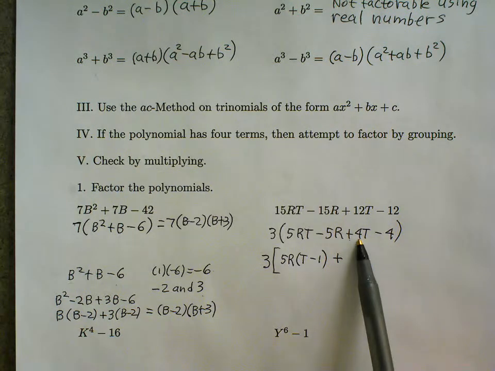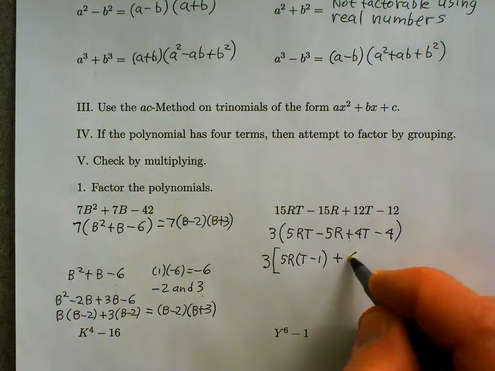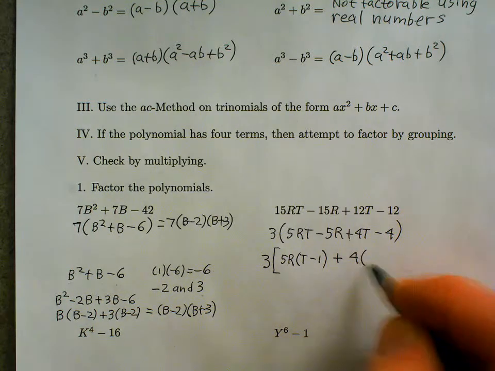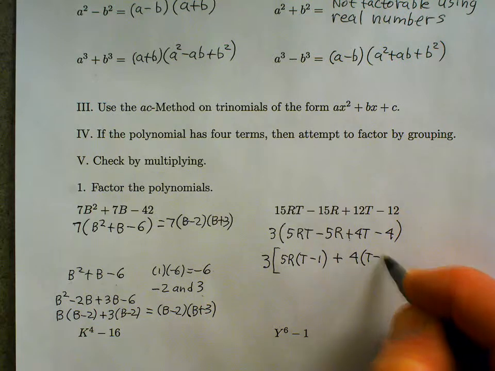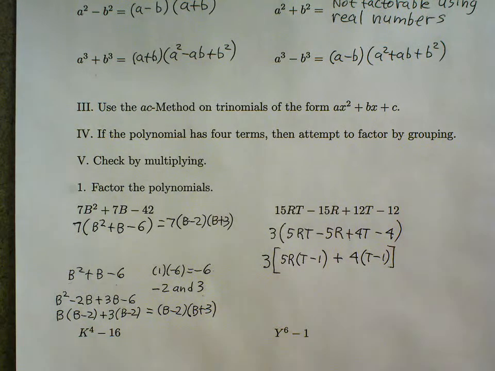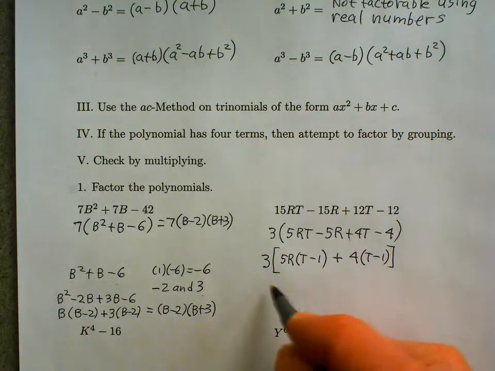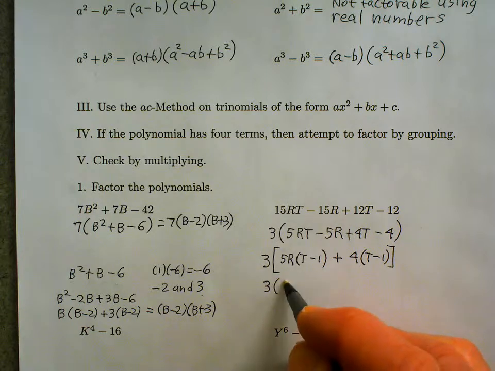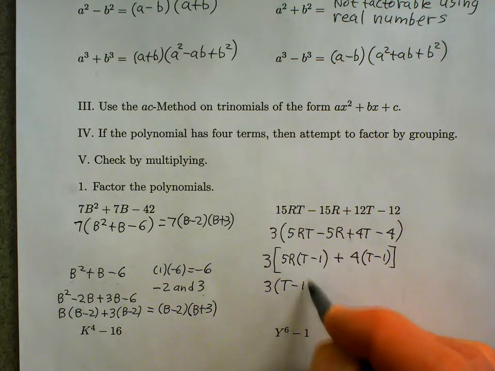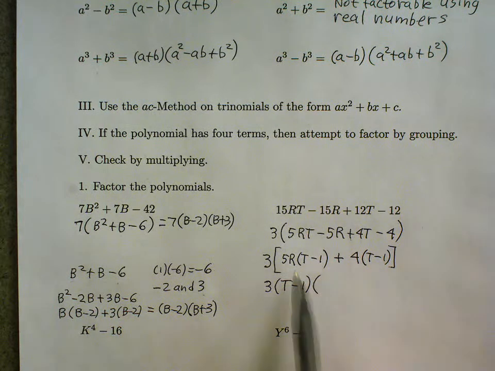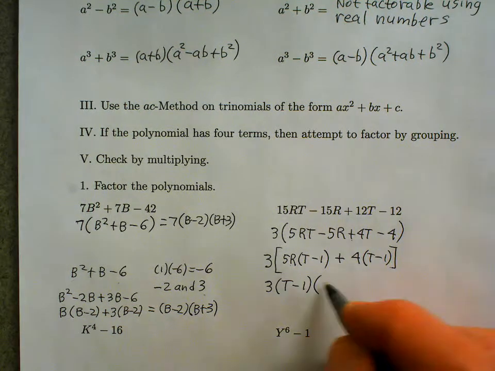Out of the third and fourth terms, the greatest common factor is 4. So we factor 4 out, and we have T minus 1. And then our next step can be the complete factorization. We have a factor of 3 times the binomial T minus 1 times the binomial 5R plus 4.